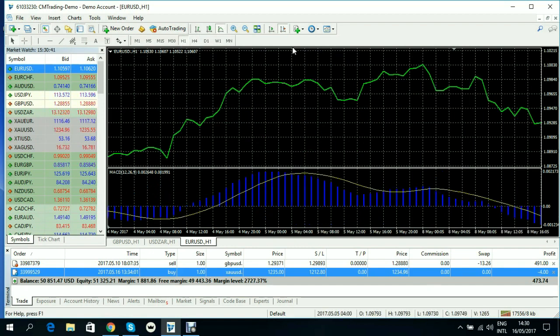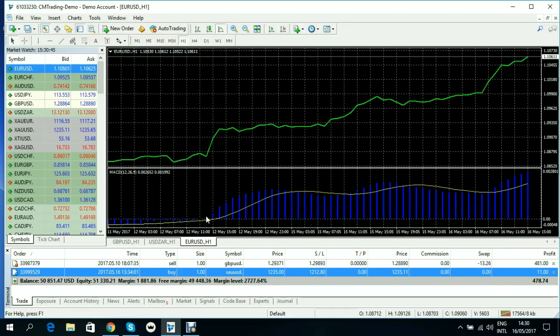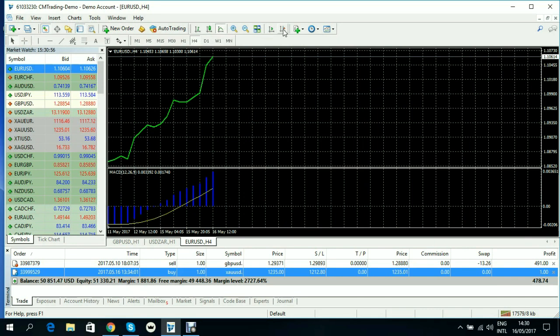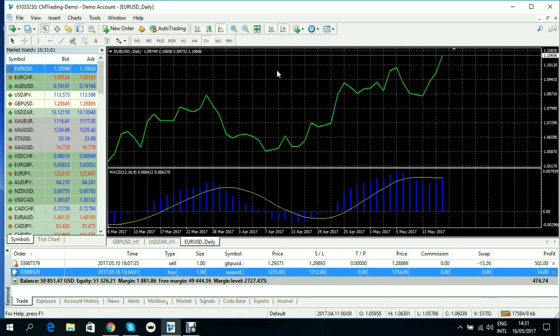So you can start entering your trade from the 1 hour and monitor it through to the 4th hour and the daily time frame, if you want to stay in the market for long, or if you are placing a long trade.